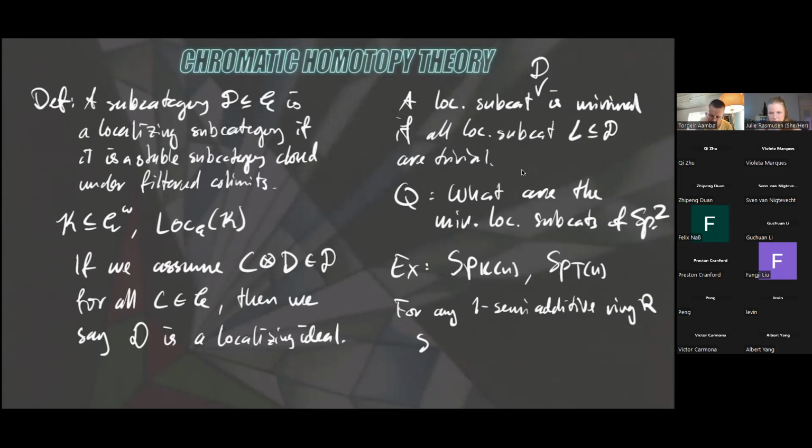So potentially, if there exist any other semi-additive rings, then we would have more types of minimal localizing subcategories. But we currently don't know whether these exist or not. So we're just going to focus on the one that we can actually understand, which are these guys. We can understand some things about T-n local spectra as well, but they're more complicated, at least from the perspective that we need for the talk.